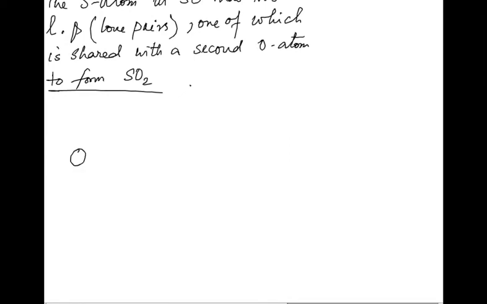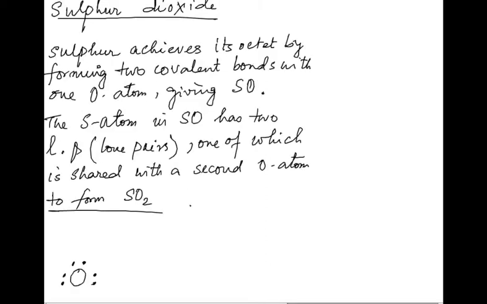Here you have oxygen with 6 electrons in its outermost shell, and there is sulfur, which also has 6 electrons in its outermost shell. Another oxygen lies sideways, containing 6 electrons in the outermost shell.